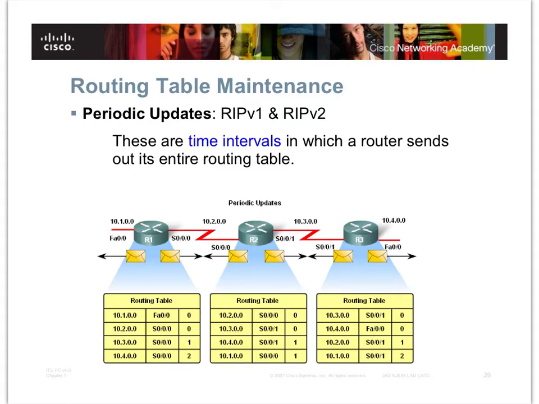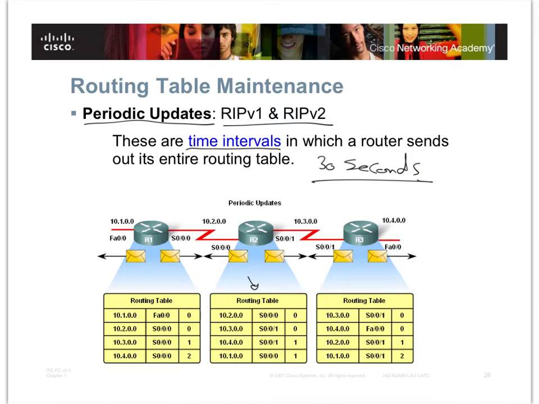So RIP version 1 and RIP version 2, of course they use periodic updates, and the time interval that has to pass before I send all the entries in the routing table is in fact 30 seconds. So every 30 seconds I have to collect all the information in the routing table and send it.